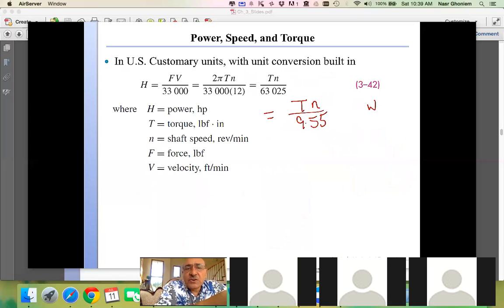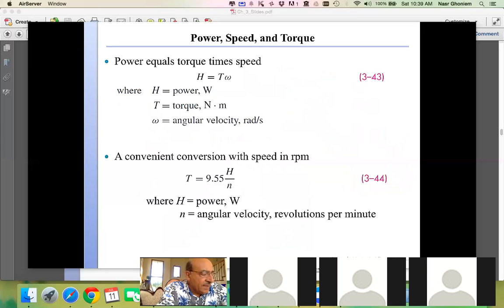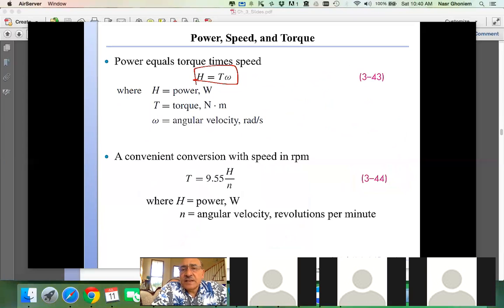The horsepower is equal to the torque times the angular speed. This is basic physics, similar to saying that the work done is equal to the force times the velocity. So it's the same idea.